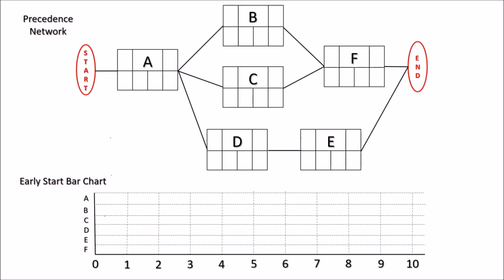So here we have our network again, A to F, and this time we put the durations on the network. Now the network shows the sequence, and as soon as we add the durations, the timing is going to become evident, and that happens with the forward pass.